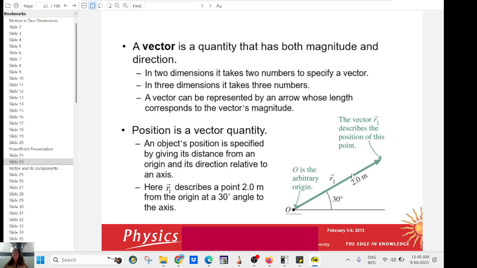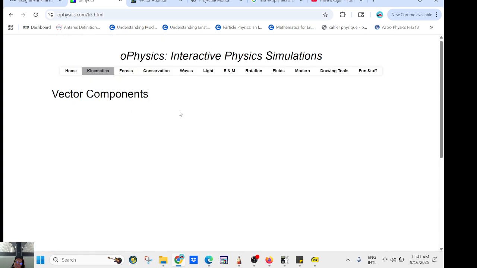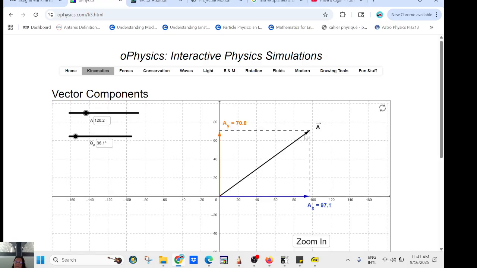So anyway, you have a vector. It has a magnitude and it has a direction. So if you need, you can play with this here. Okay, so that will be your vector. Attach the tail to the origin. That will be the x component. So it's like you rise, you run. Your rise will be the y component. So A will have two components here.